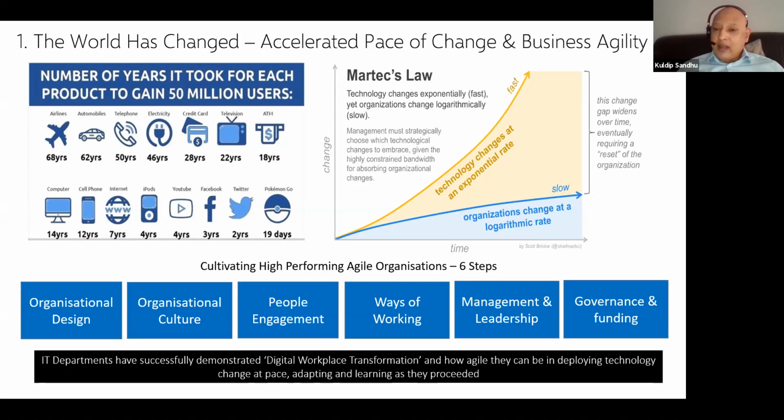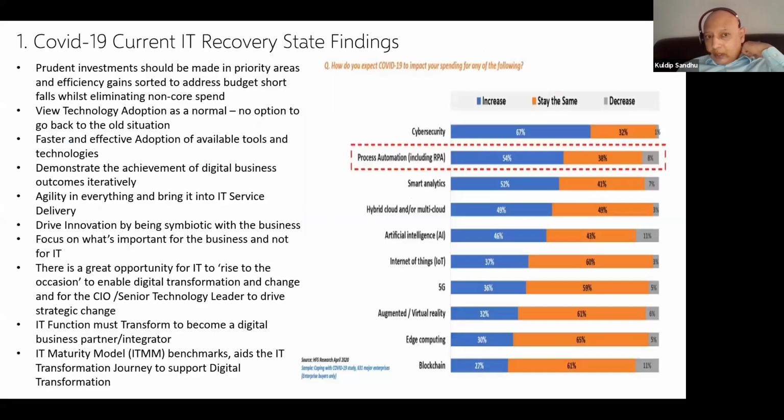It was done in a very agile way, where they looked at a minimum viable product and then adapted it and brought about that change in a very rapid way. So that's put IT into a good place. But as I've been talking to many people over a number of webinars, there's a whole bunch of things now emerging that IT departments need to embrace.